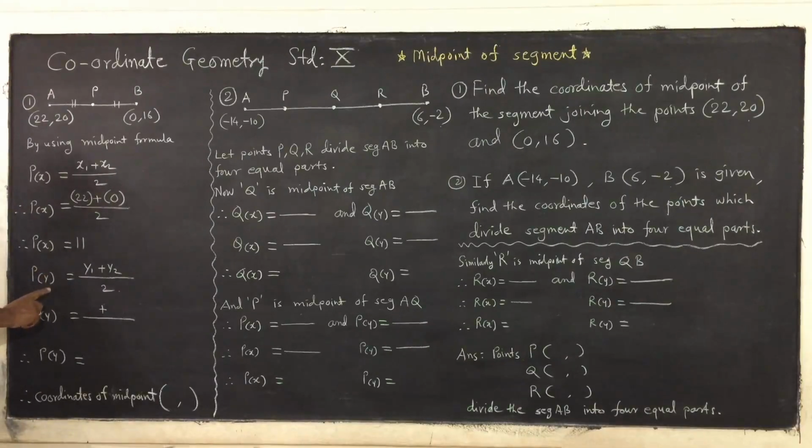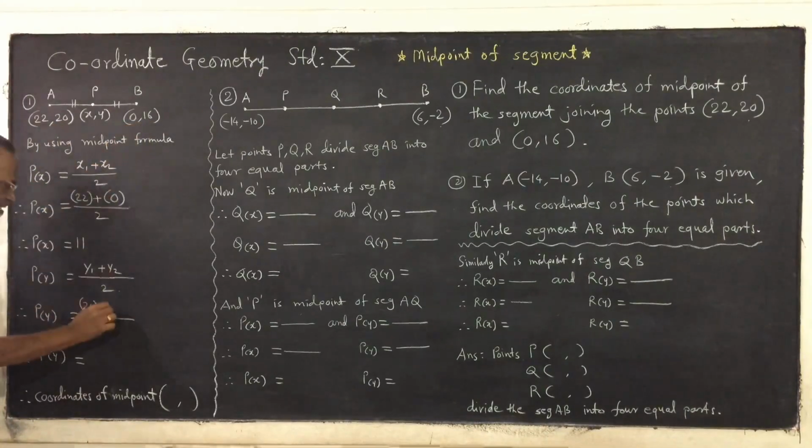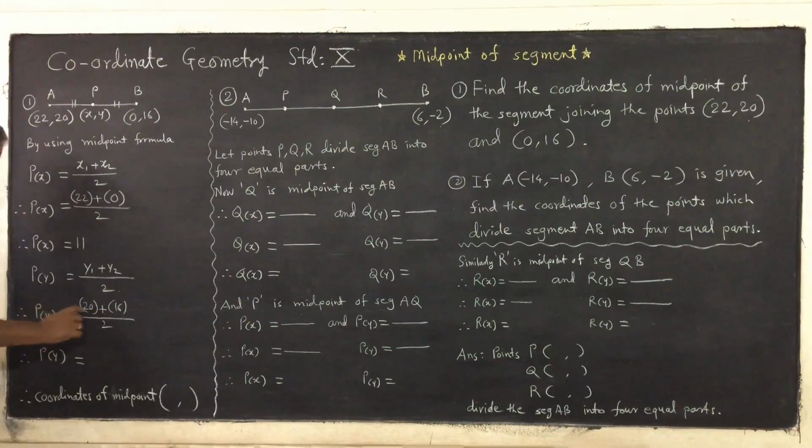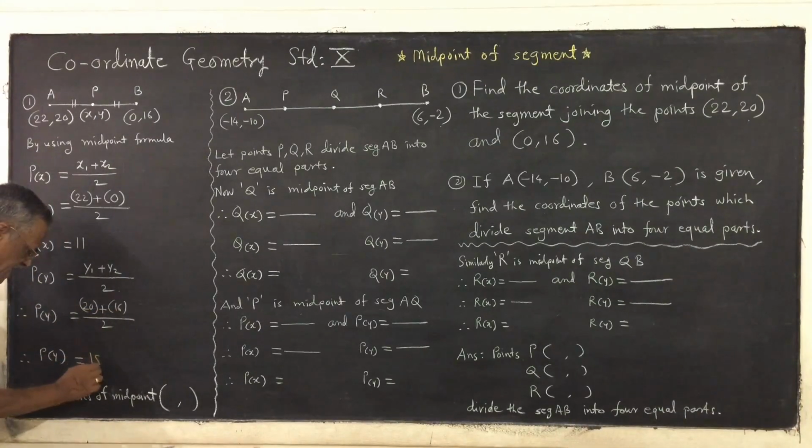Similarly, for the y coordinate of the midpoint, x and y are the coordinates of P, the midpoint. So y1 is 20 and y2 is 16, divided by 2. The total is 36, and divided by 2 you get 18.